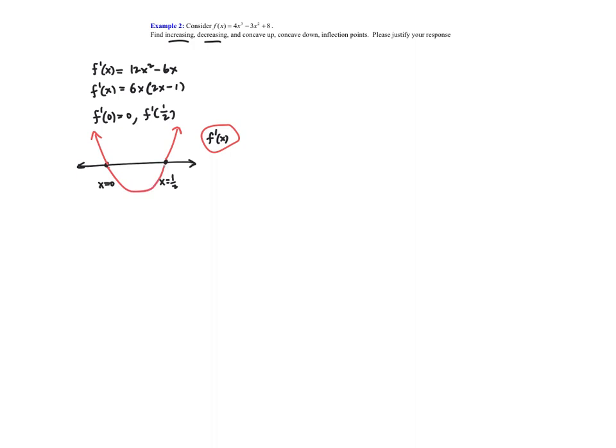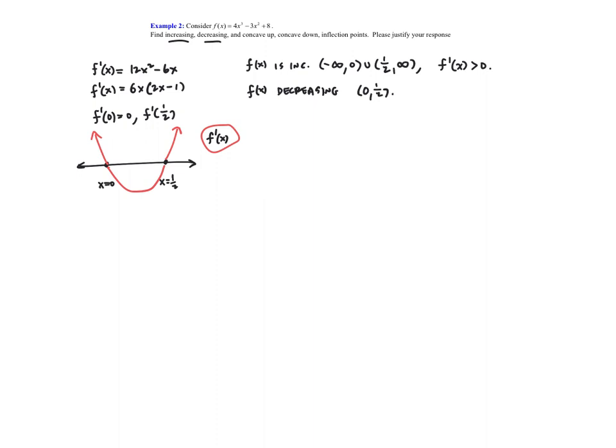So I can say that f of x is increasing on the interval negative infinity to 0, as well as 1/2 to infinity. I can tell because f prime of x is greater than 0 on that interval. f of x is decreasing on the complement of that set, which would be 0 to 1/2.